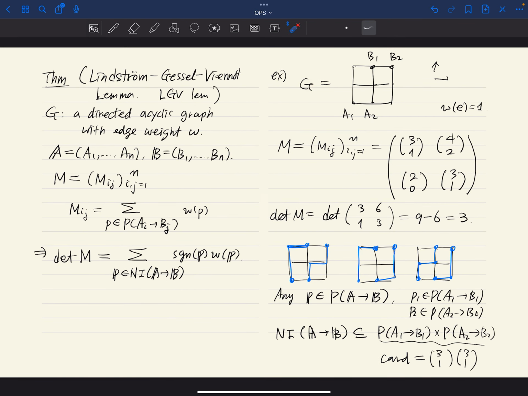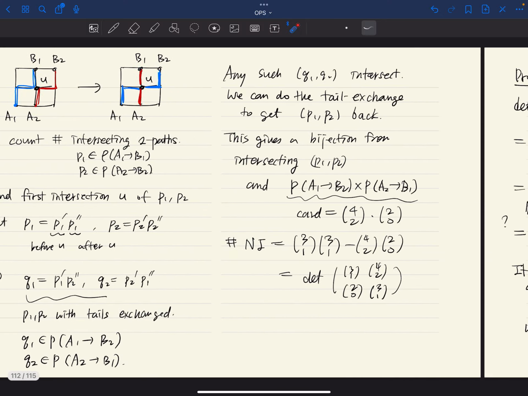In this case, this is the special case where every non-intersecting path has the connecting pattern of the identity permutation. But can you imagine a situation where the non-intersecting path has a different sigma, a different connecting pattern?